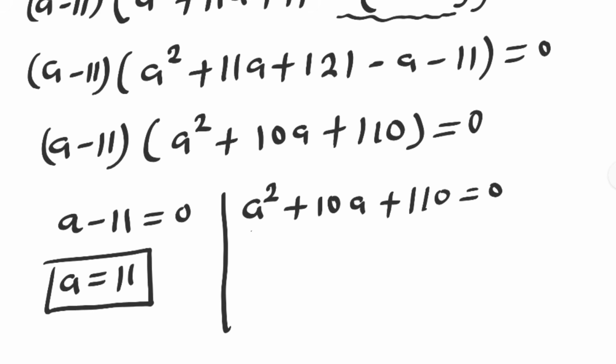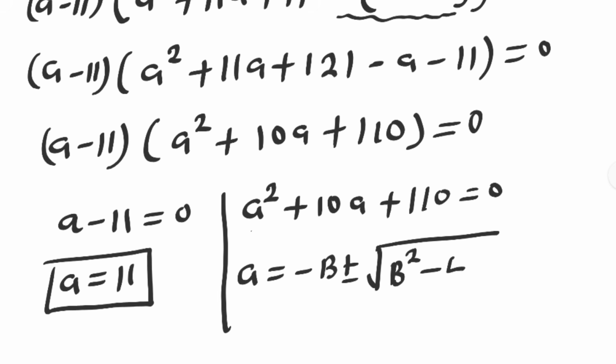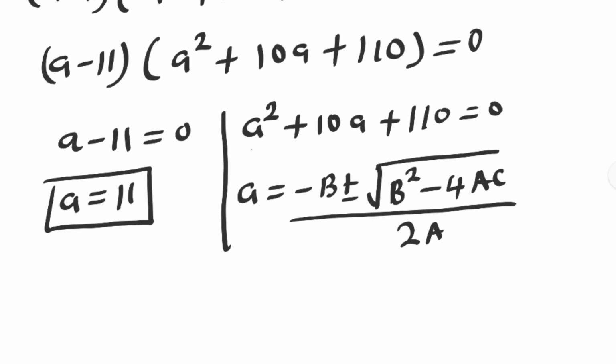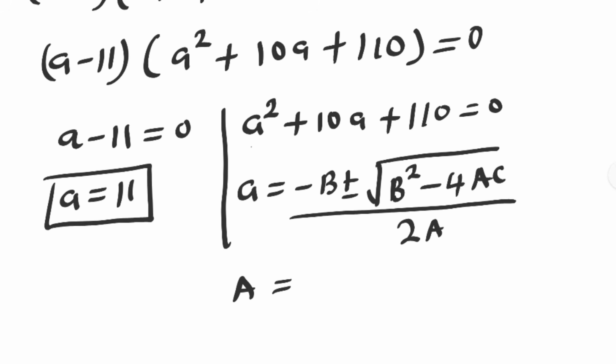We can solve this using quadratic general formula. A is equal to minus b plus or minus square root of b square minus 4ac divided by 2a. Then from this equation, a is equal to 1, b is equal to 10, c is equal to 110.